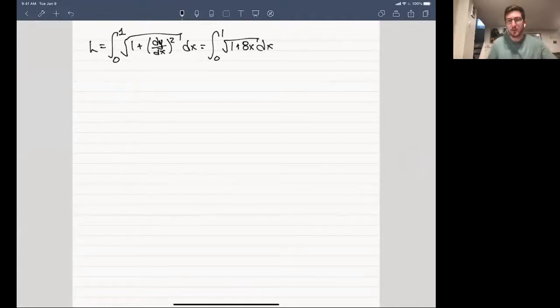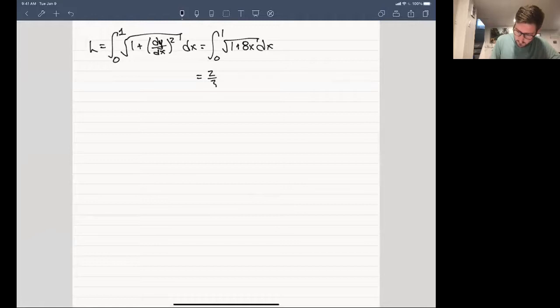You're going to have to use substitution if you want to do this integral. You're going to substitute for 1 plus 8x. I refer you back to the previous video on substitution for definite or indefinite integrals. But in this case, the antiderivative is not really that difficult to find. So we're going to go ahead and just compute it.